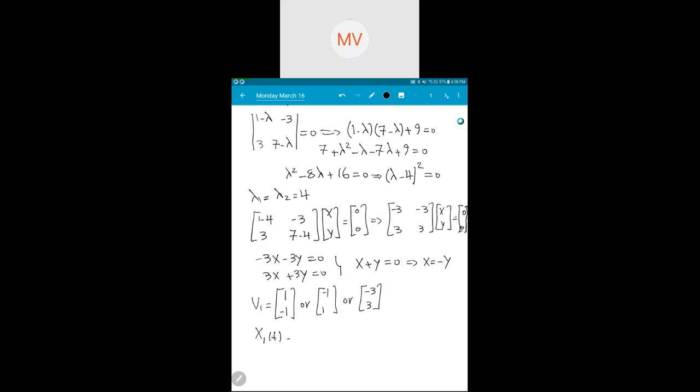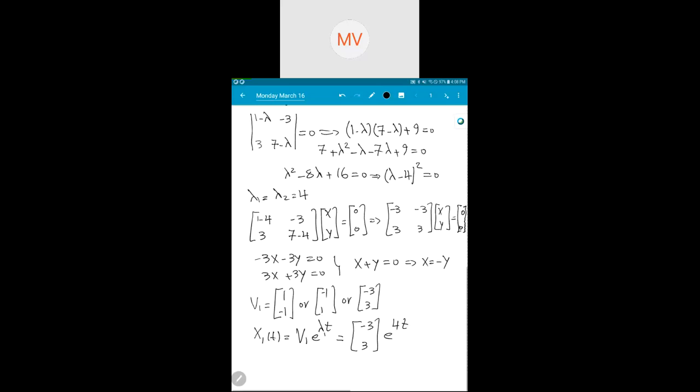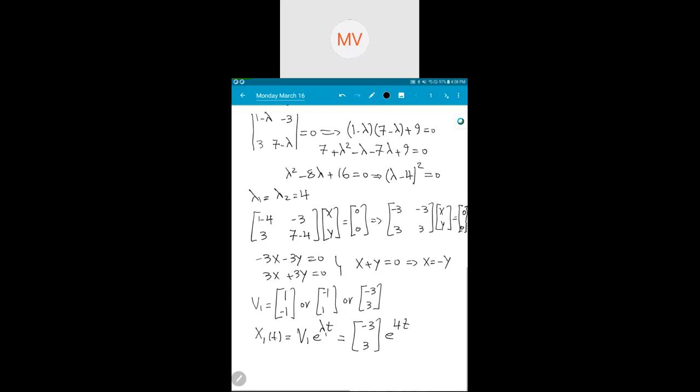So x1 of t, we know how to form that one. That's v1 e to the lambda 1 t, in this case lambda 1 is 4. So in this case, we only have negative 3, 3 e to the 4t. Right? And that's the only eigenvalue.